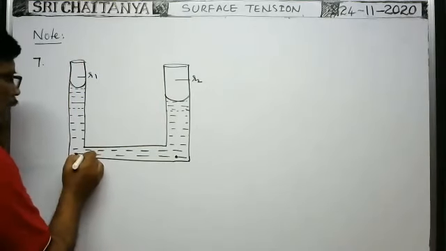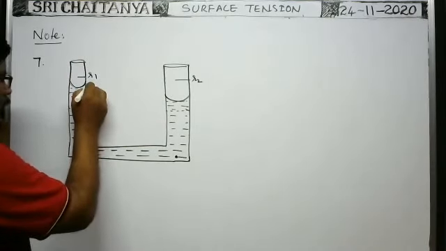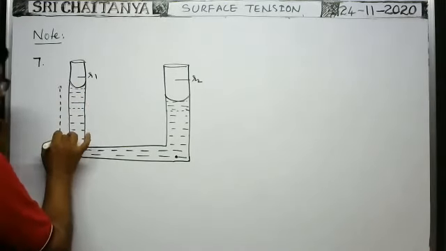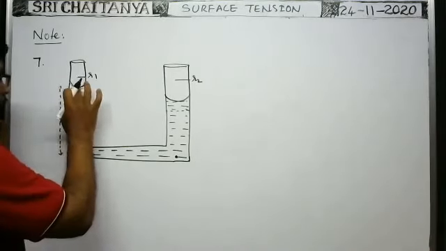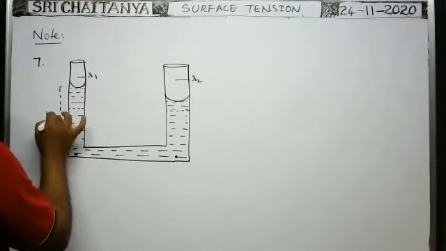From the bottom of this U-shaped tube, suppose the height of the liquid column in the narrow tube is say H1.